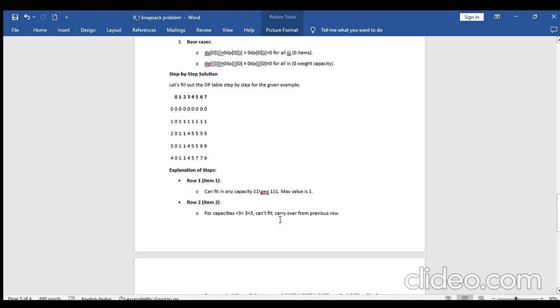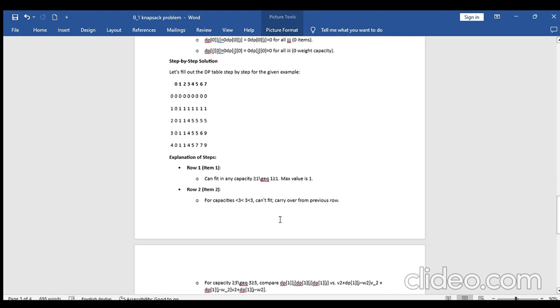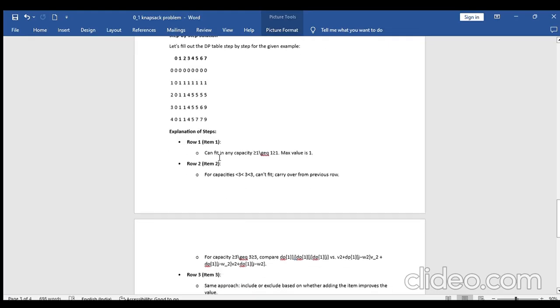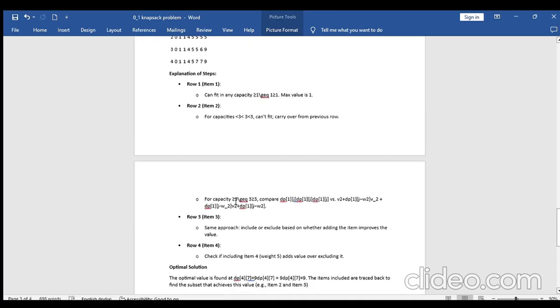So the step-by-step solution is that if row 1 can fit any capacity greater than or equal to 1, the maximum value is 1. For row 2, if the capacity is less than 3, it can't fit, so carry over from the previous row. For capacities greater than 3, we will be comparing the value before it with the value of including this item.